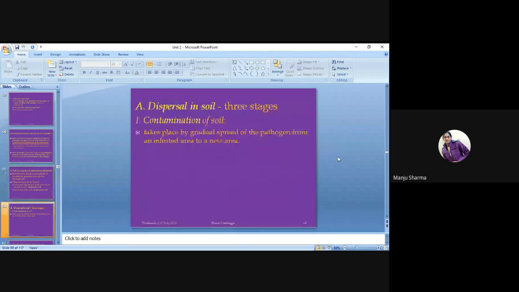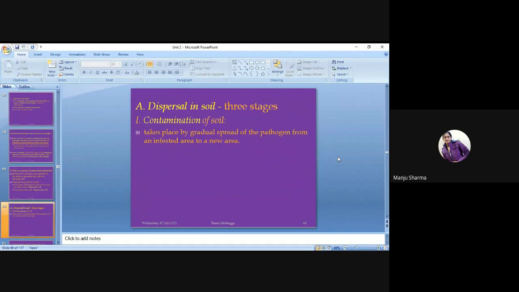Three stages. First is contamination of soil, which takes place by gradual spread of the pathogen from an infested area to a new area.